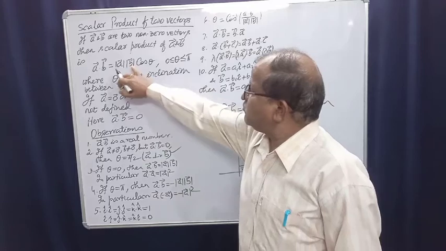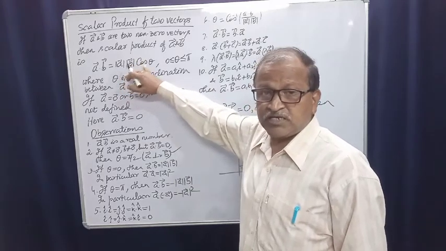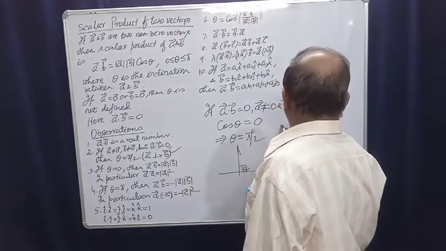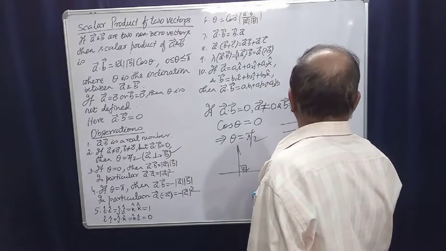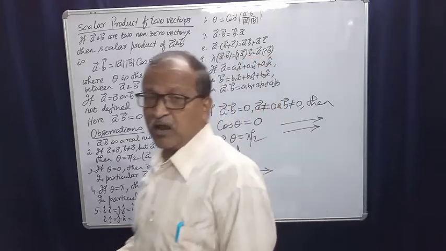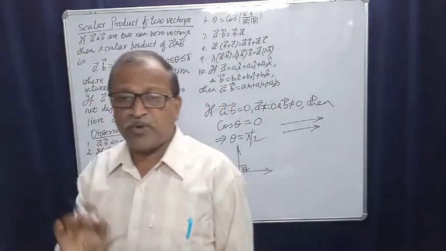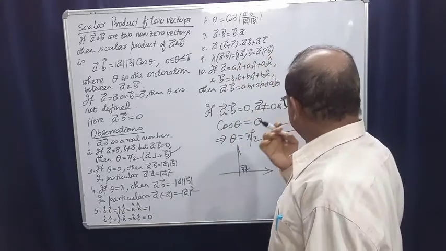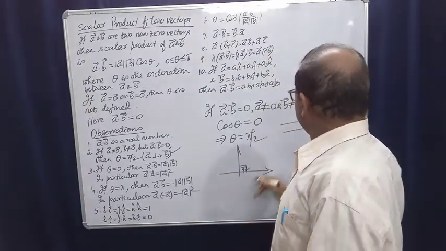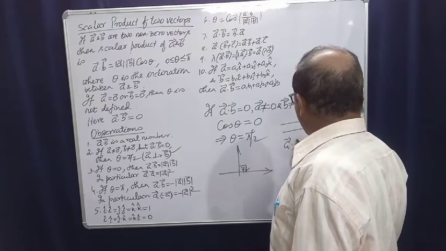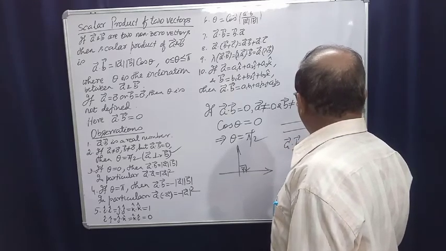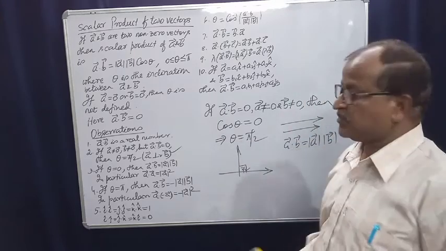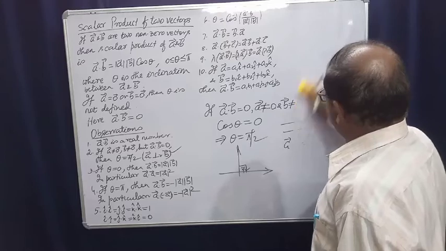Magnitude of A into magnitude of B, because cos theta is equal to 1 when theta is equal to 0. When will theta be 0? Theta will be 0 if the two vectors are parallel. If the two vectors are parallel, then theta must be 0, right? In that case, A dot B is equal to magnitude of A into magnitude of B. Right? Next.